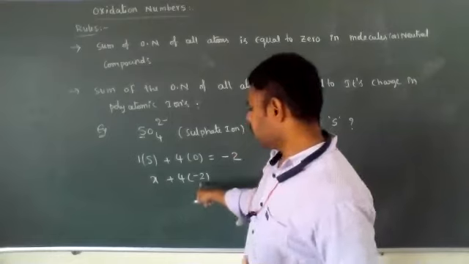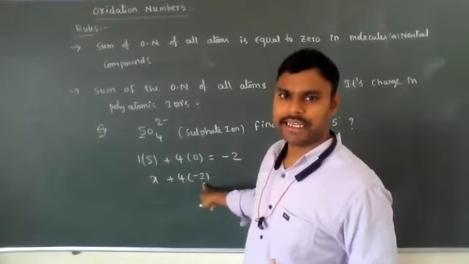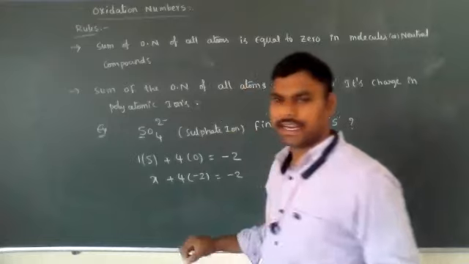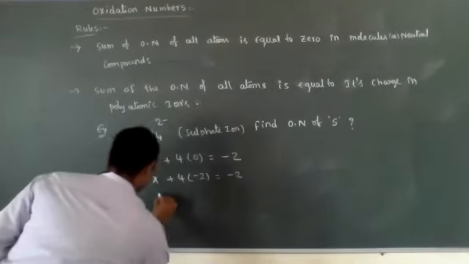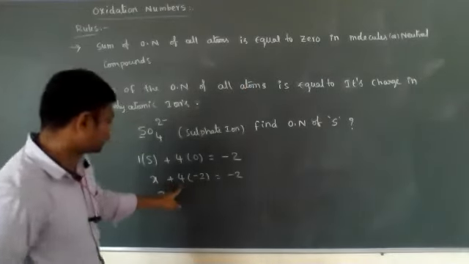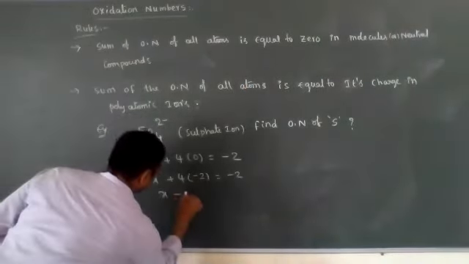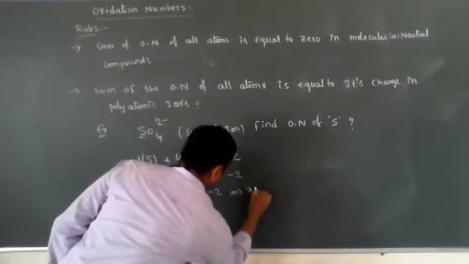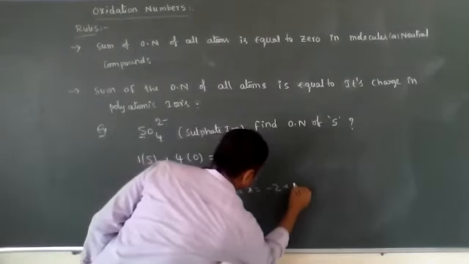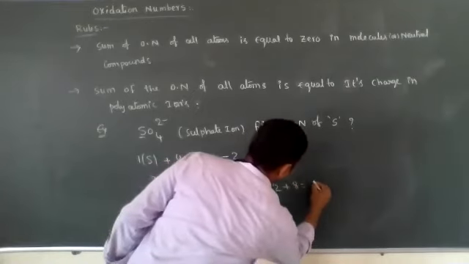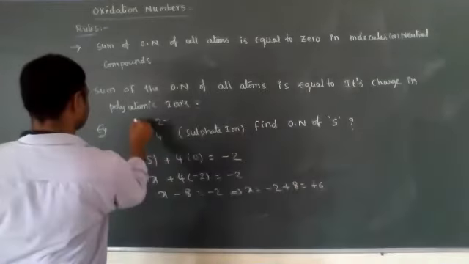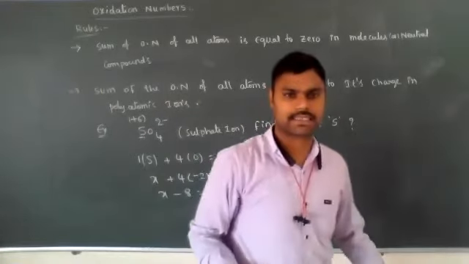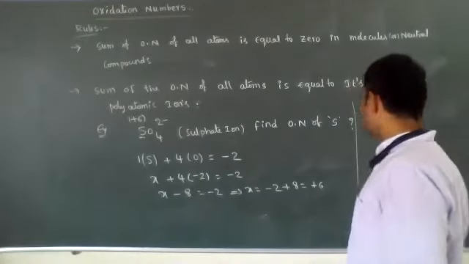But in other cases oxygen is always minus 2. 4 into minus 2 is equal to minus 8. X minus 8 is equal to minus 2. Then X is equal to minus 2 plus 8, equal to plus 6. So the oxidation state of sulfur in SO4 2 minus is plus 6.